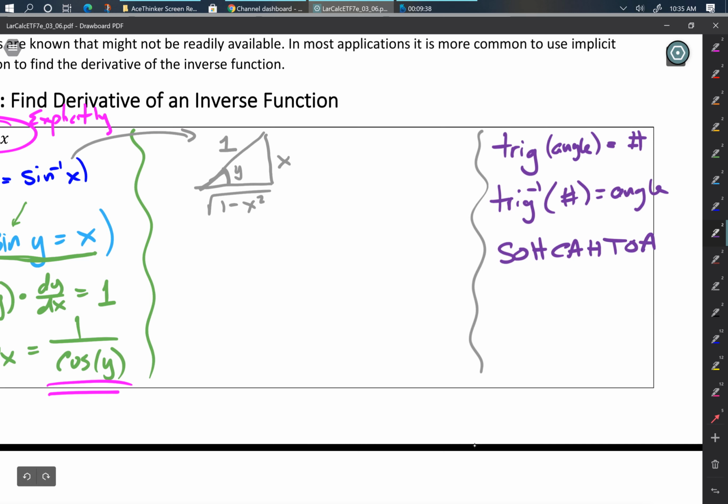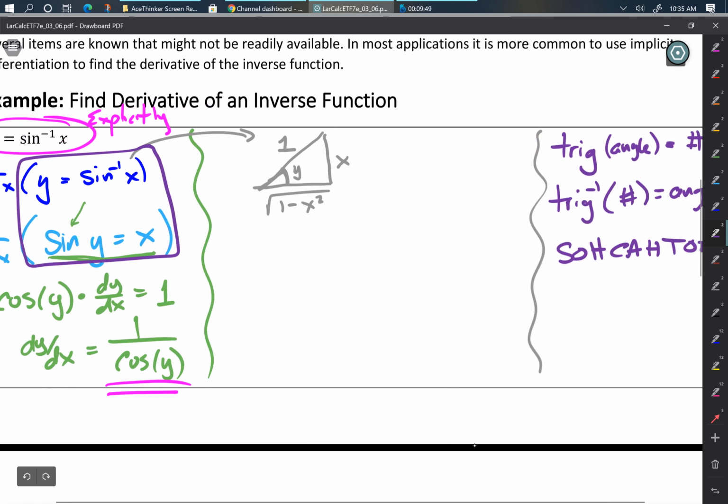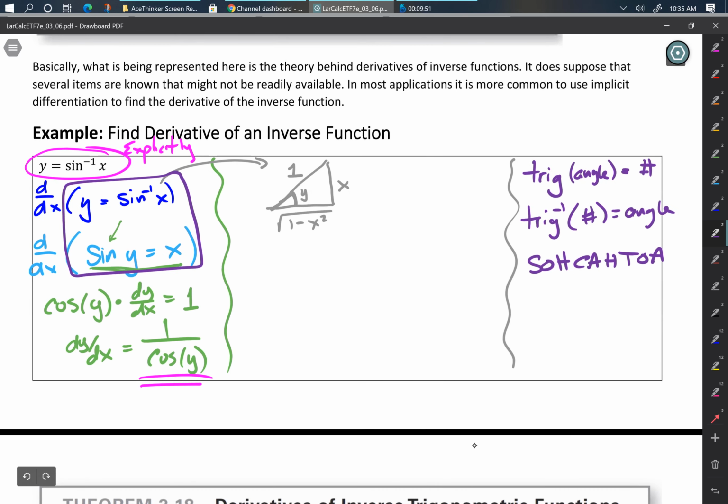And don't forget this. SOH CAH TOA: sine is opposite over hypotenuse, cosine is adjacent over hypotenuse, and tangent is opposite over adjacent. So depending on which one of these you want to look at, if we look at the top one, that says the arcsine of a number is equal to y. So x is the number, y is the angle. And to make the number fit my triangle, I have to make sure that the opposite over the hypotenuse ratio works out to be x.